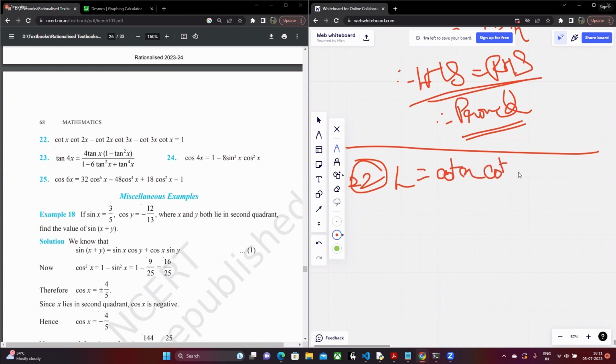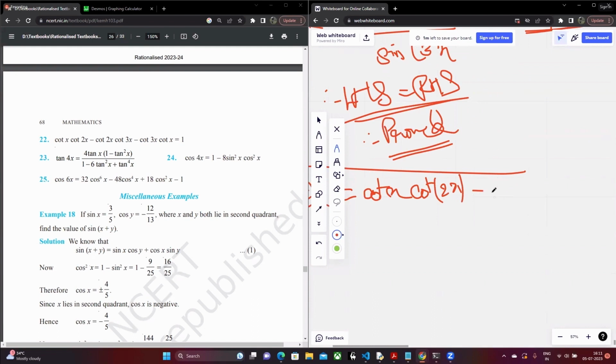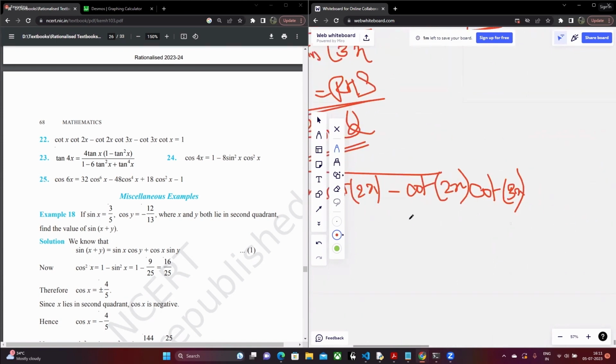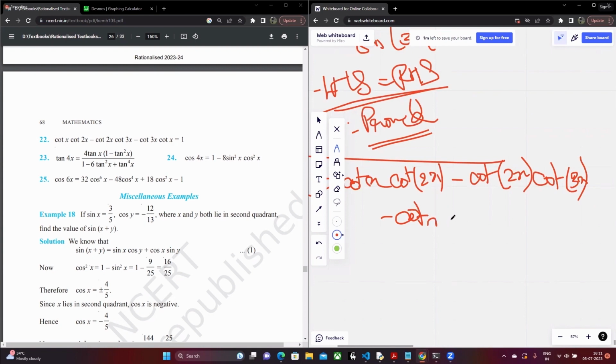Cot x cot of 2x minus cot 2x cot 3x minus cot x cot 3x. Right?